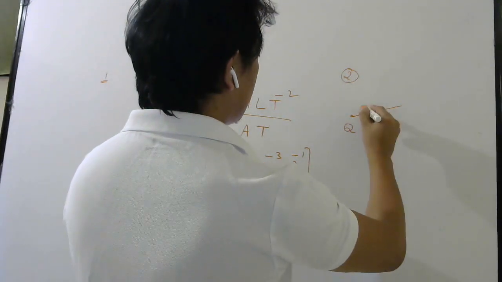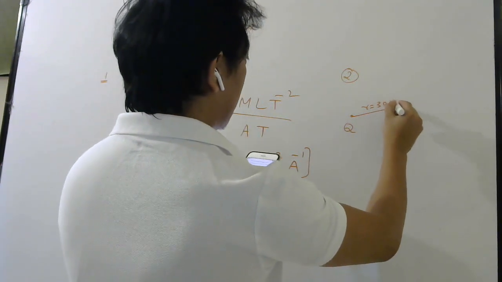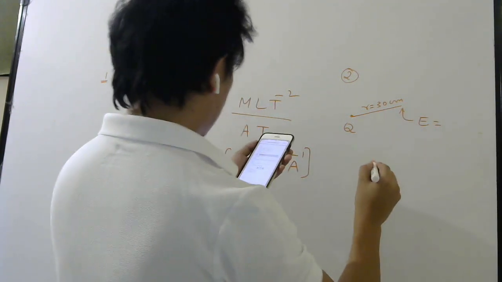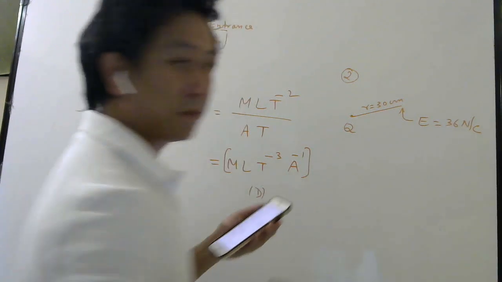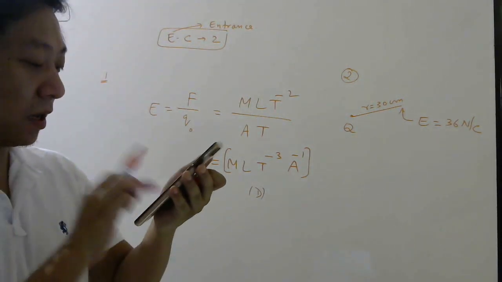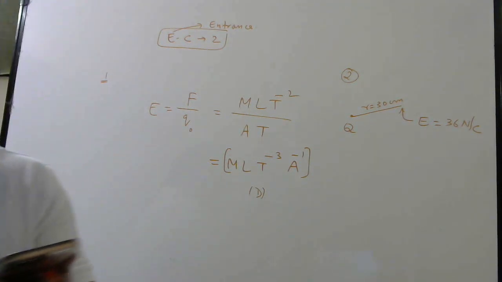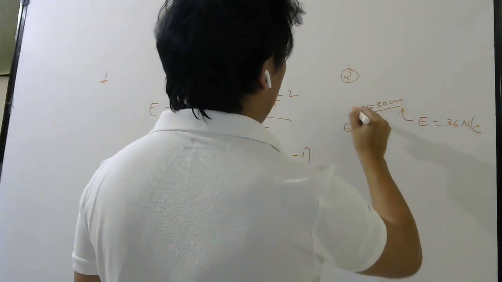So at some distance which is 30 centimeter, they are saying the electric field at this point is 36 Newton per coulomb. Now they are asking what is the magnitude of the electric field strength that you would expect to be measured at a distance of 90 meter. So they want it at a distance of 90 meter.